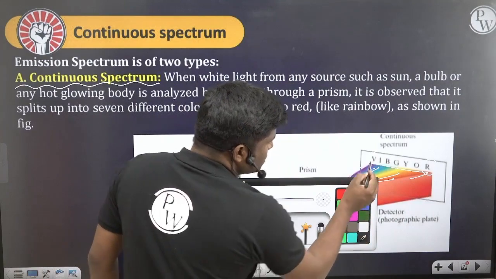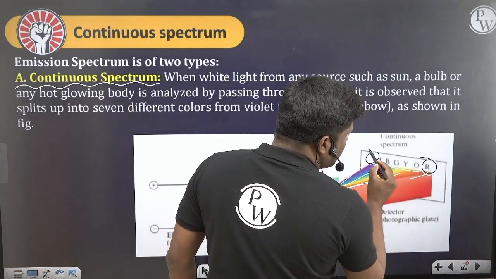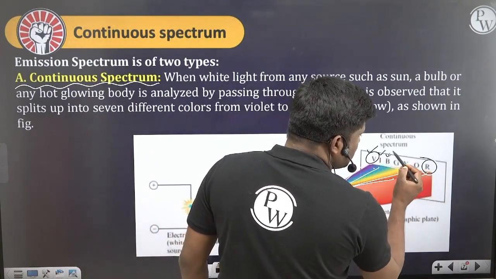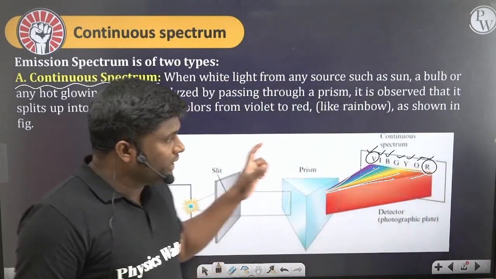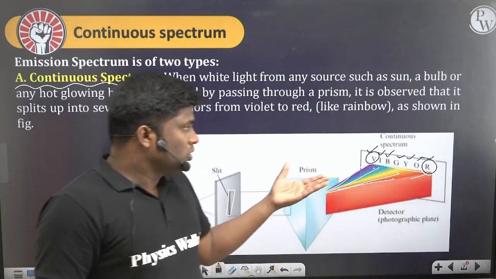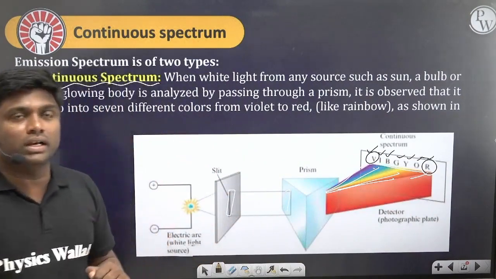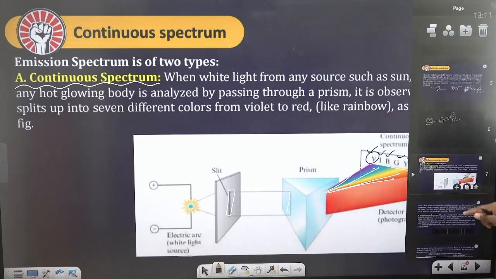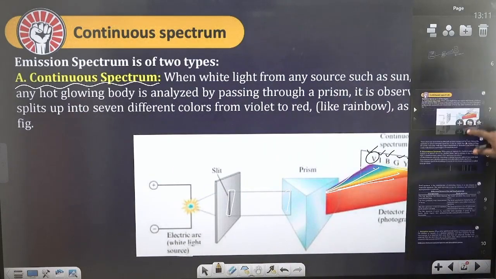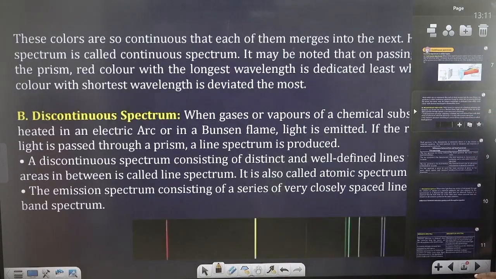All frequencies of white light, that is violet frequency, indigo frequency, blue, green, yellow, orange, red. Continuously it is producing. So this is called what spectrum? Continuous spectrum. And next is discontinuous spectrum. See now, discontinuous spectrum is like this.